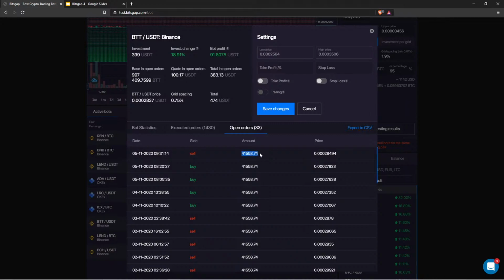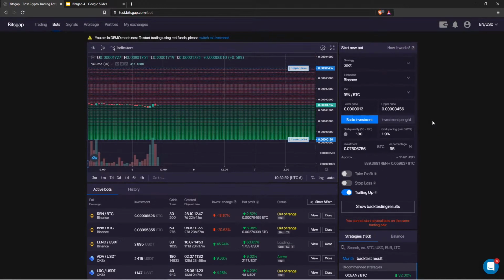If you multiply this amount by the price, you will get a different investment value per each level. But the parity here is achieved through the amount, the equal amount purchased or sold at each level. So that's why there is no golden rule for when it is the best time to use the HODL strategy or when it is the best time to use the classic bot strategy.